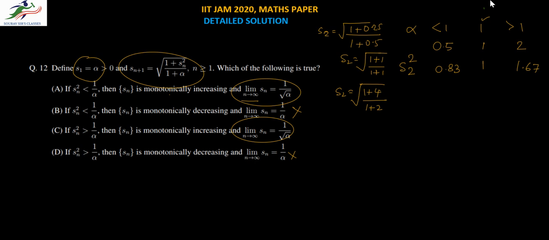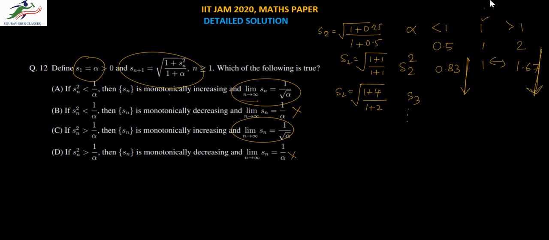Now, if you continue in this fashion, you will see that the values of S3, S4, etc. will keep increasing here, will remain constant for alpha equal to 1, and will decrease in the other case. So this will keep increasing, this will keep decreasing.